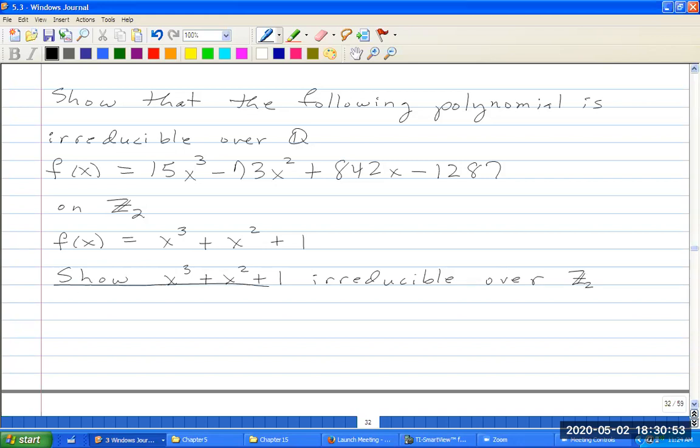Well, first off, since this is a cubic, then, as I said before, to show irreducibility of a cubic, one of the factors has to be linear. Therefore, I just have to look at a root.